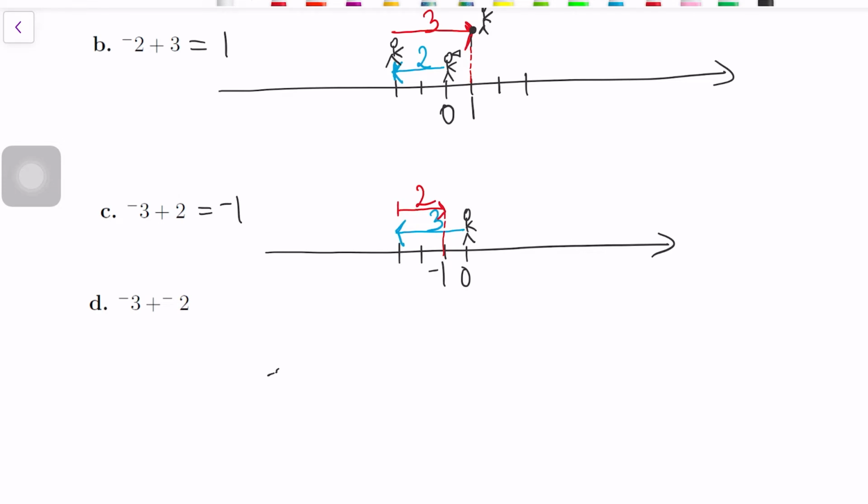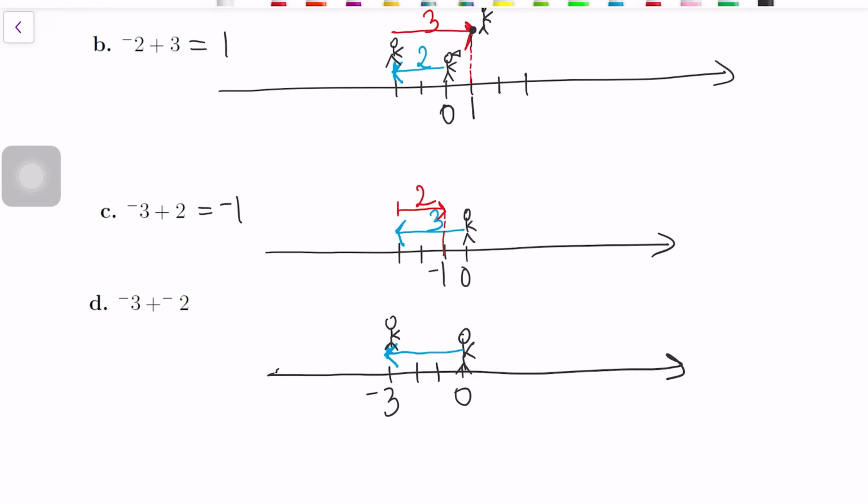And the final one is a pretty simple number line concept. You start at 0 facing east. The first number is negative 3, so you're going to have to go 3 units backwards. And then, so you're here.